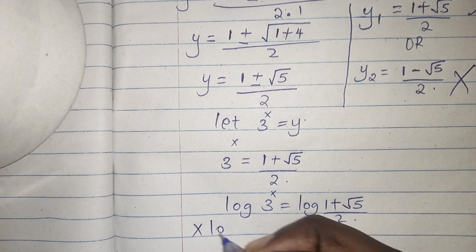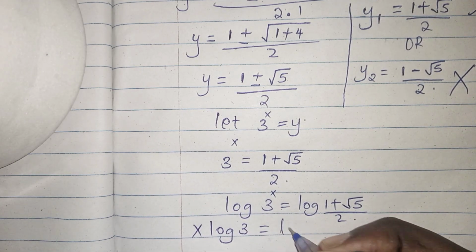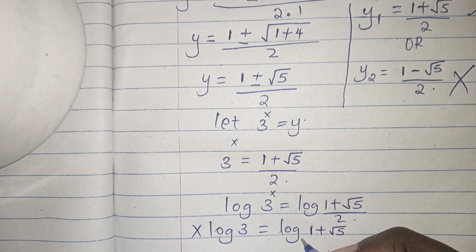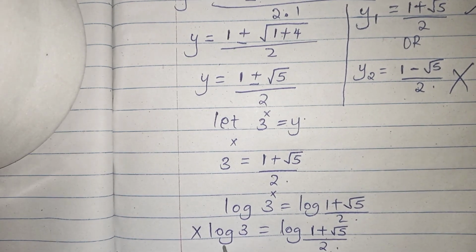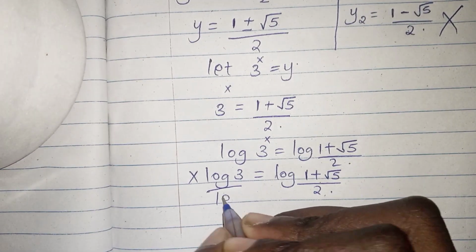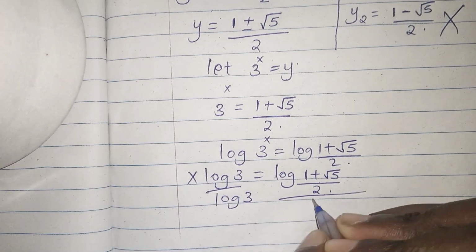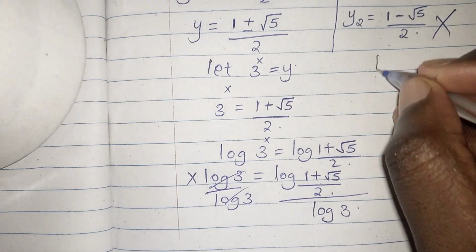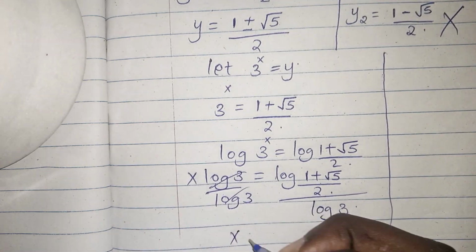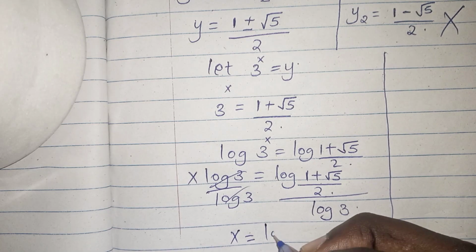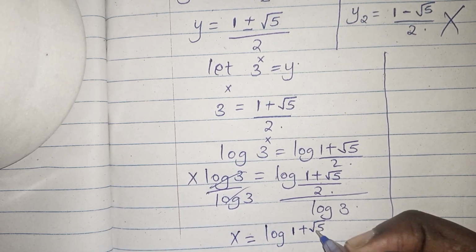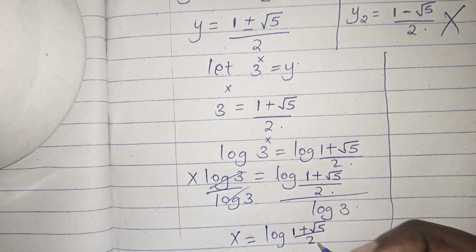So x log 3 is equal to log of 1 plus root 5 over 2. So to remain with x, we shall divide this side by log 3 and divide this side by log 3. So this and this will cancel, and we have x is equal to log of 1 plus root 5 over 2.